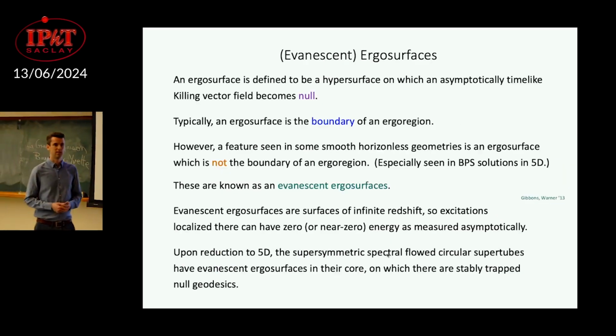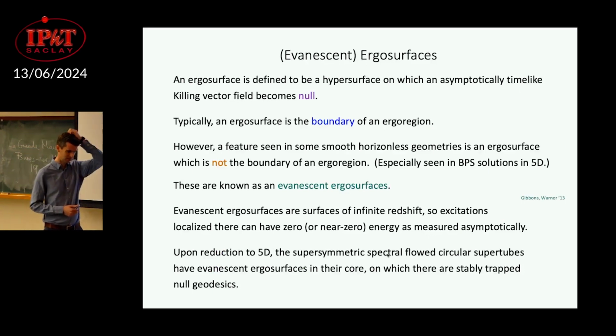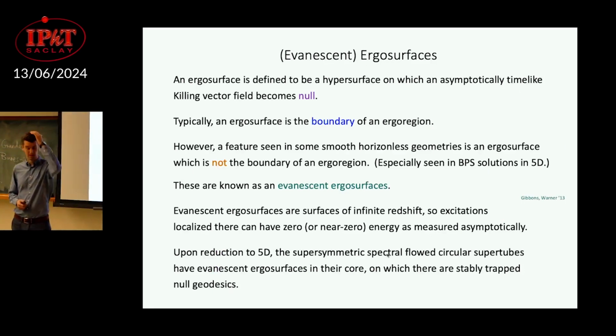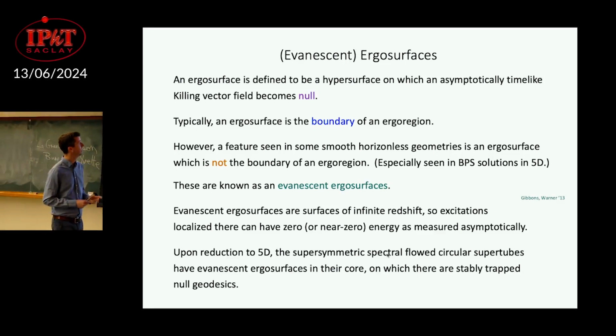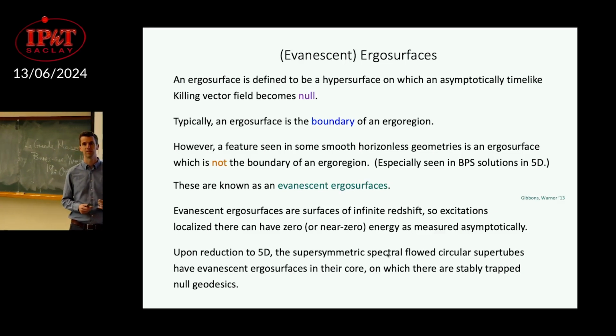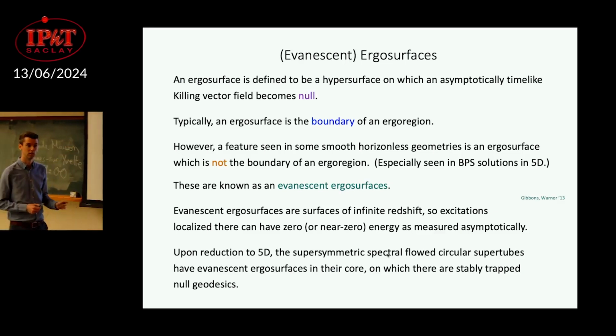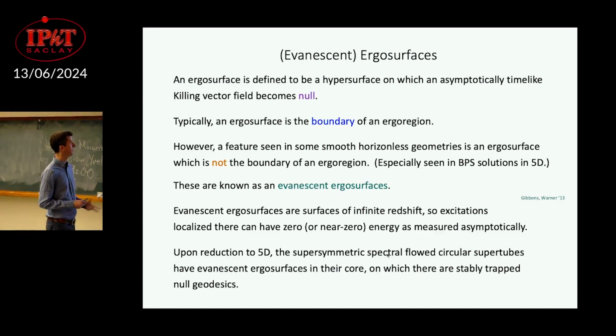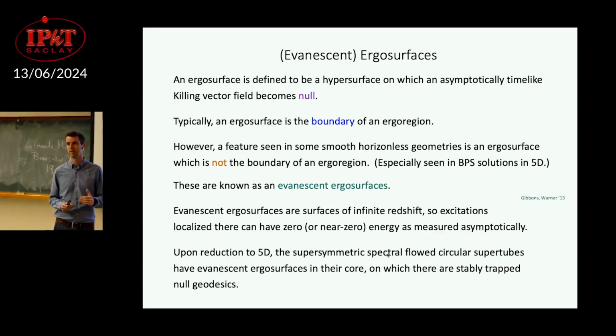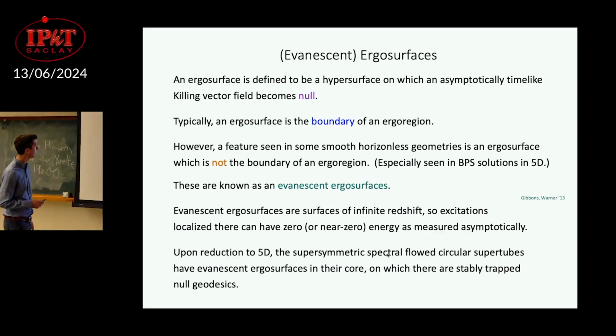There was some discussion also on day 1 and maybe day 2 about evanescent ergo surfaces. Let me connect to that language. An ergo surface is defined to be a hypersurface on which an asymptotically time-like Killing vector field becomes null rather than space-like. Typically an ergo surface is the boundary of an ergo region.